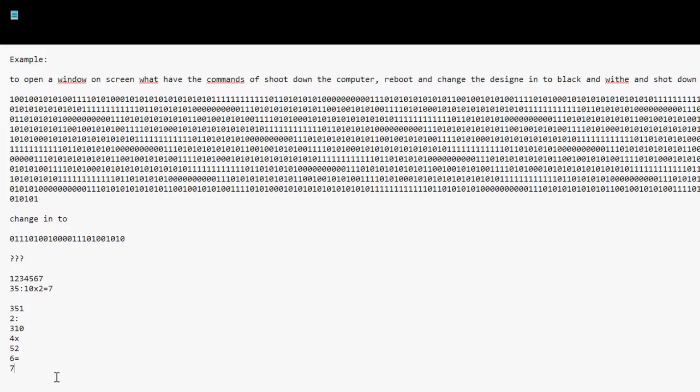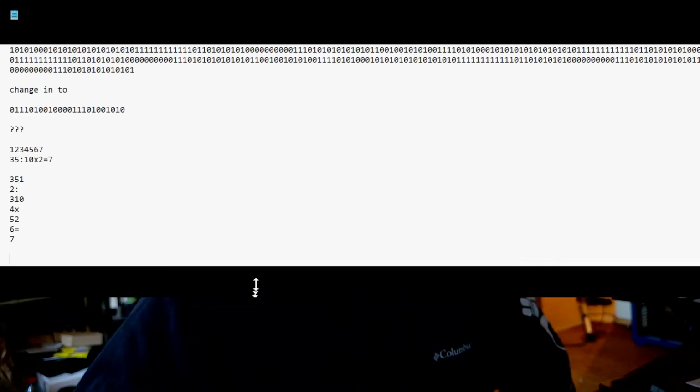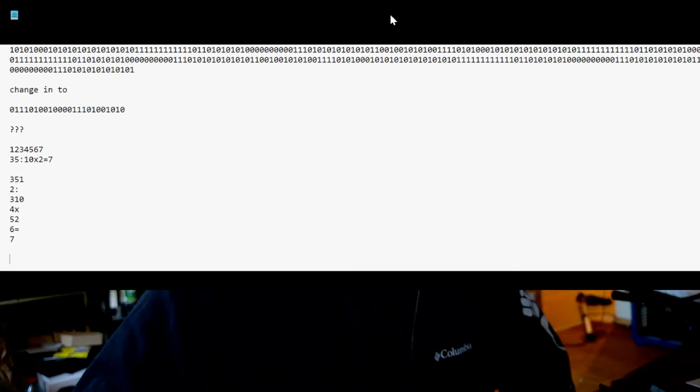So this program uses exactly these conditions. Okay, so we have gone a little bit in the state here.